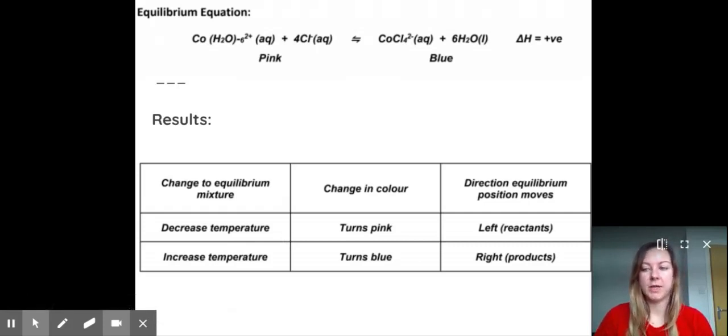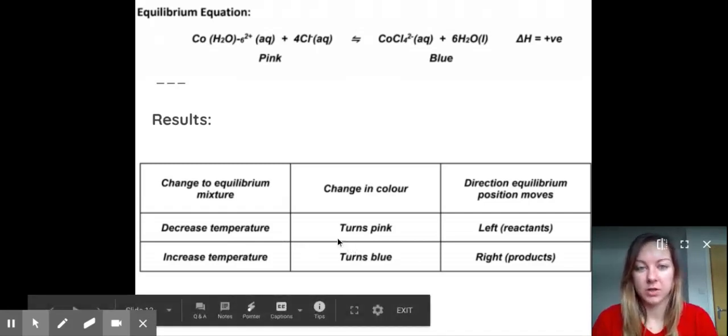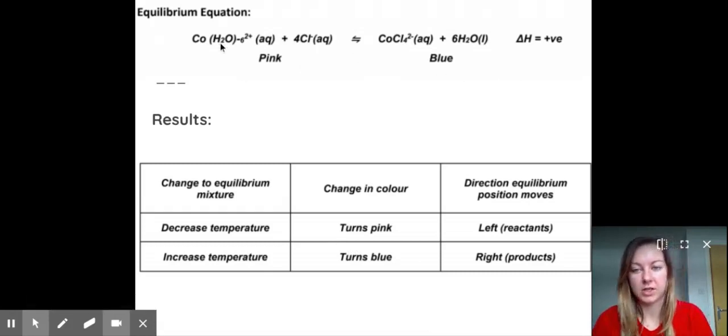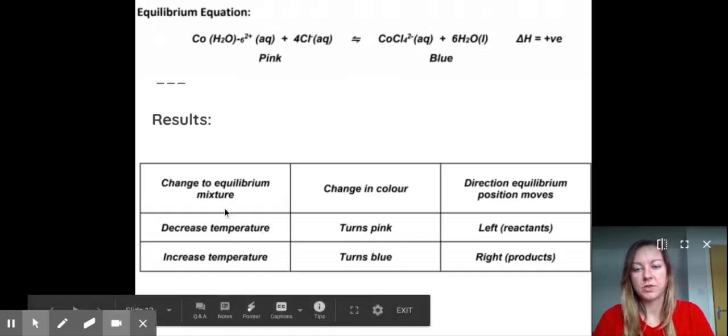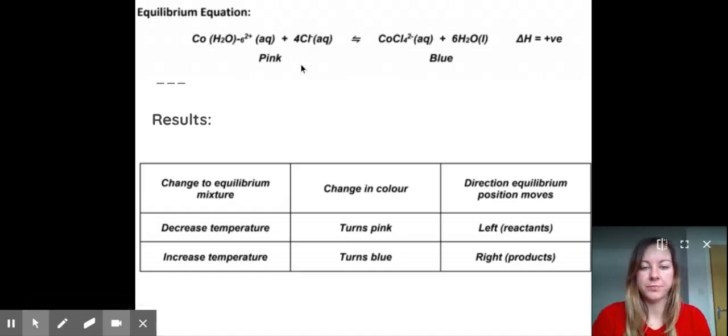A reaction which gives off heat is an exothermic reaction. So if the forward reaction is endothermic, the reverse reaction is exothermic. So when you decrease the temperature in this reaction, it turns pink and moves to the left because it's trying to increase its temperature by being an exothermic reaction and releasing heat.